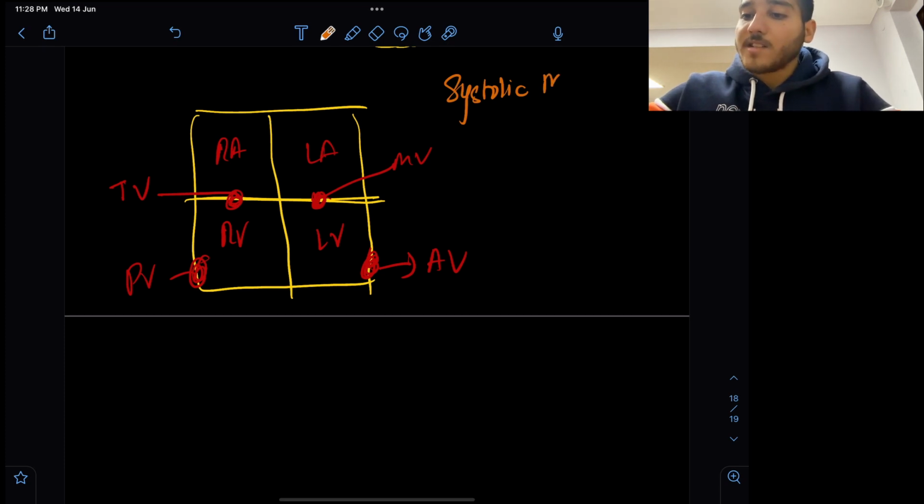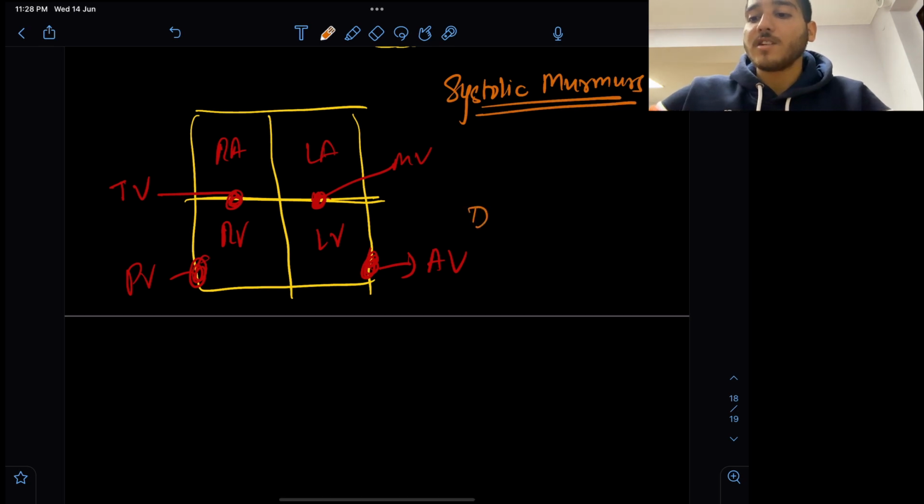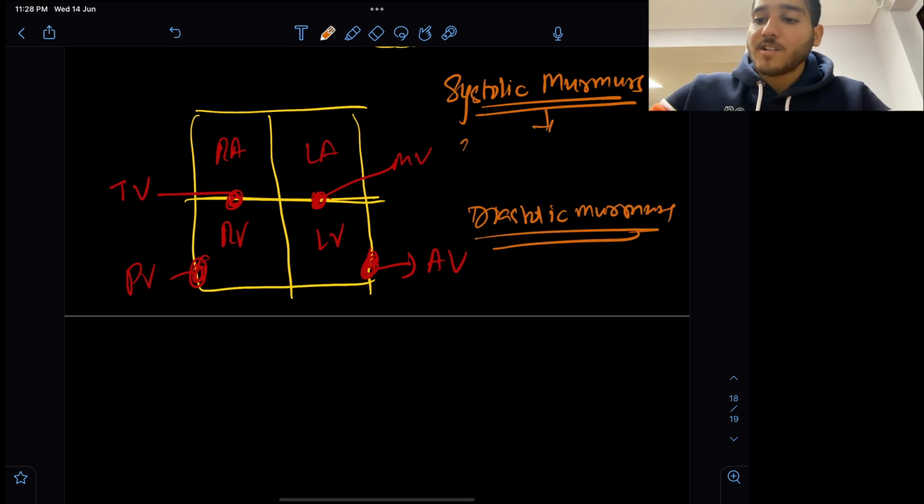See, these systolic murmurs. So there are two murmurs, right? Systolic murmurs and diastolic murmurs. Systolic murmurs usually arise when there is contraction of the ventricles producing murmurs.